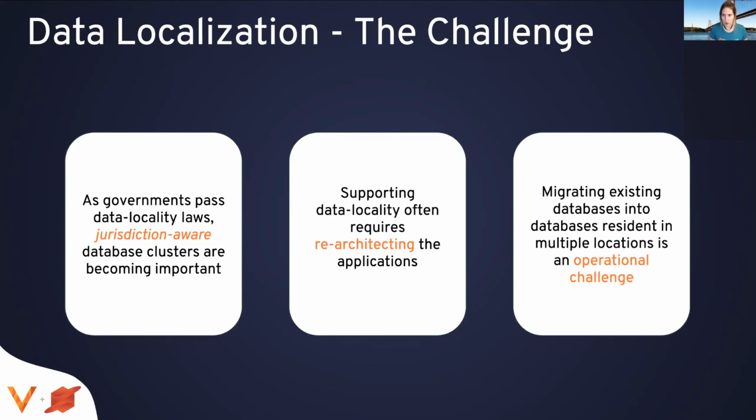But what about an application that needs to present a unified front end, but needs to store its data in different locations across the world based on the location of those users? As of yet, this is considered a pretty major challenge, and it's unlikely to go away. The world is getting more and more complicated when it comes to that. And so this is still a pretty big challenge for a lot of companies.